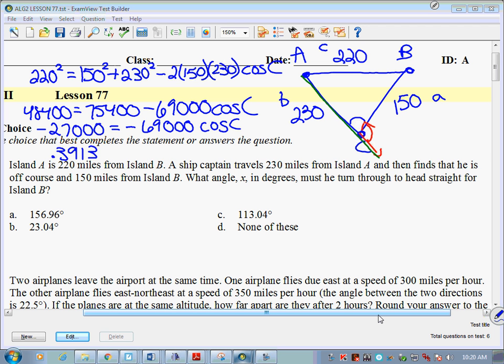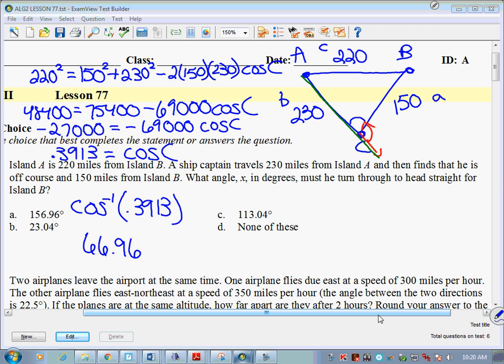No? Maybe? Okay. Equals cosine C. So what I'm going to plug in my calculator is inverse cosine 0.3913. 66.96 degrees. All right.